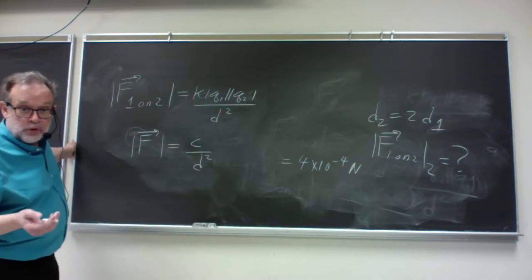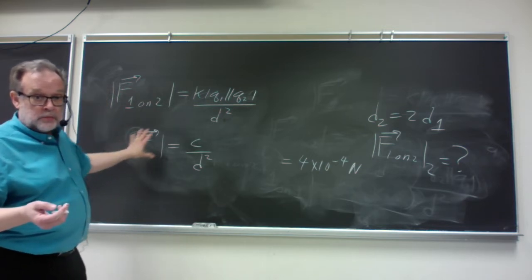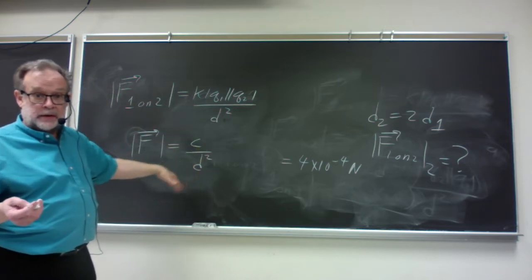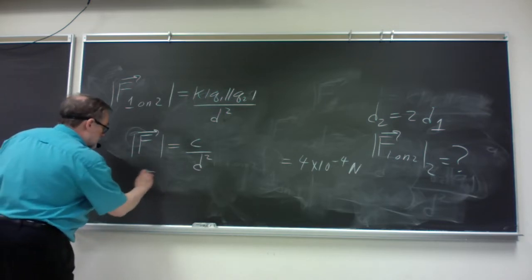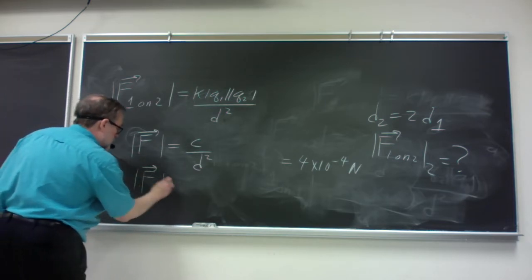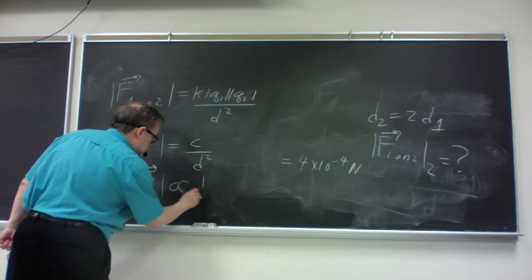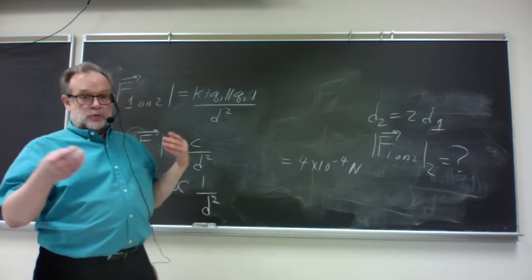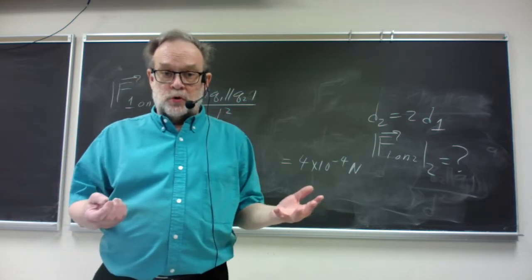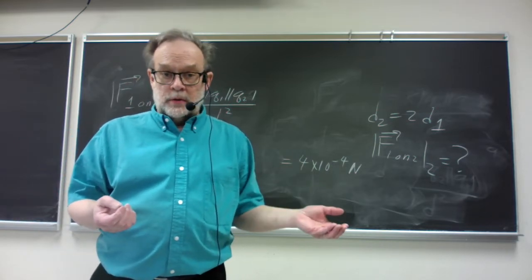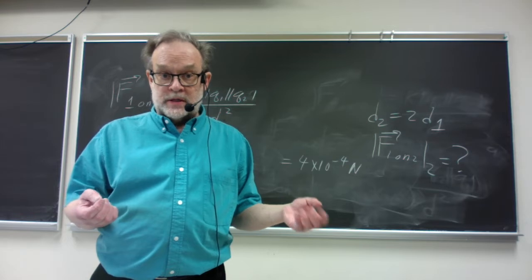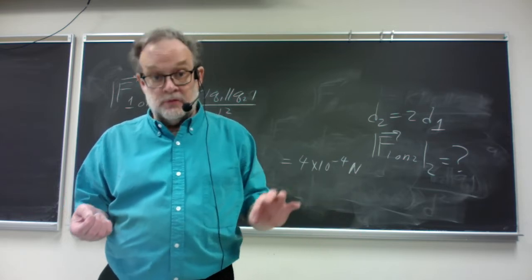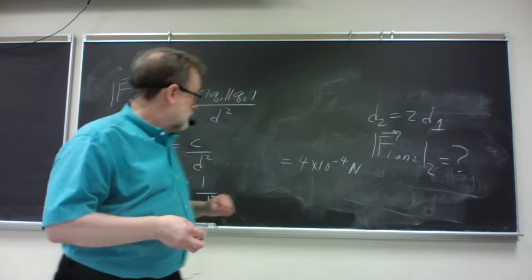We have inverse proportionality. We have one variable equal to constant stuff divided by another variable. That is, the magnitude of the force is proportional to 1 over d squared. And we know how things work in inverse proportionality. When one of the proportional variables changes by some factor, the other changes by the inverse of that factor.